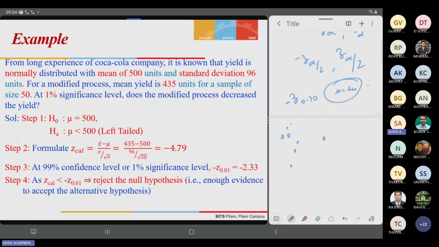Just give me 1 second. There is some problem that came in my tab. I'm trying to sort out that problem. Just give me 1 second only.